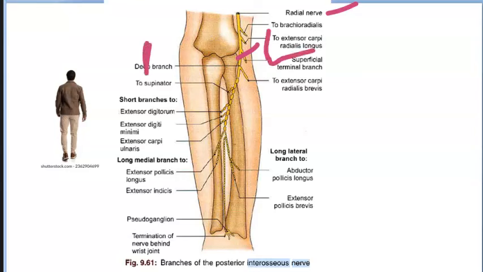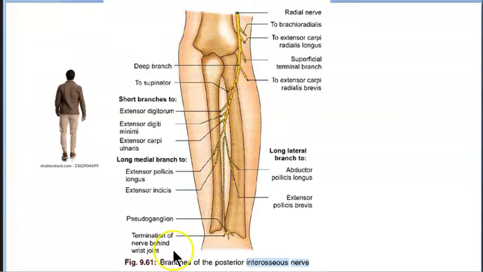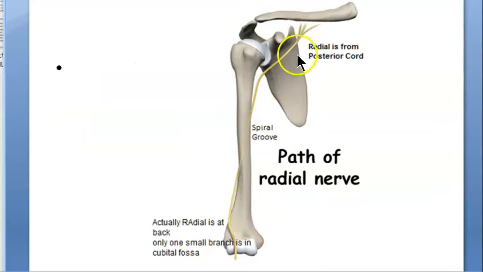So this is lateral, this is medial, this is the posterior view, remember. You can see the radial nerve itself is from the posterior cord and goes posterior, behind your humerus. It comes in front and somewhere at this end after the humerus, it gives off the posterior interosseous nerve.